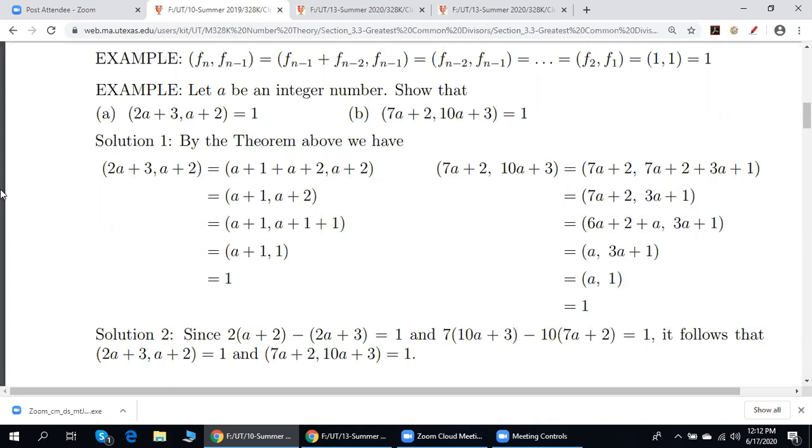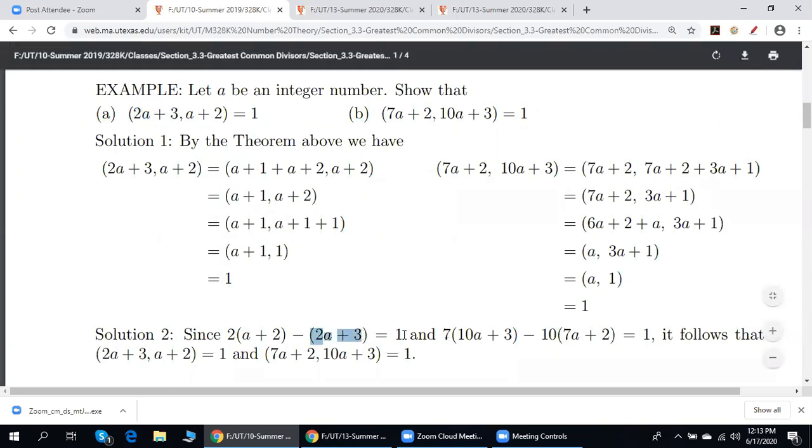Now solution 2. Observe that 2 times this, which is over here, minus this is identically equal to 1.